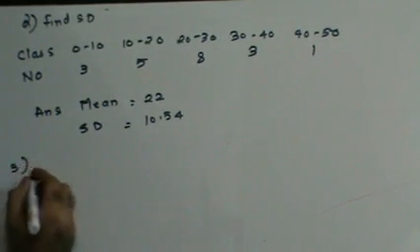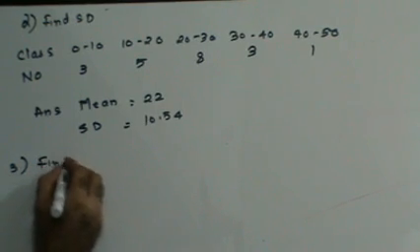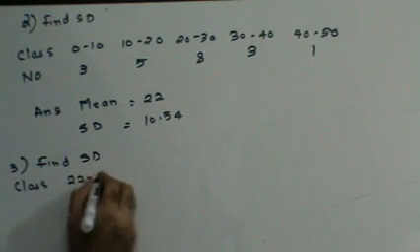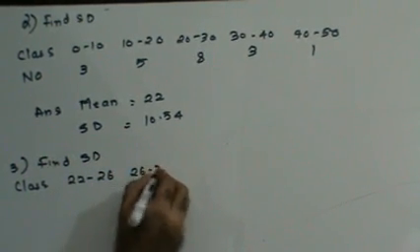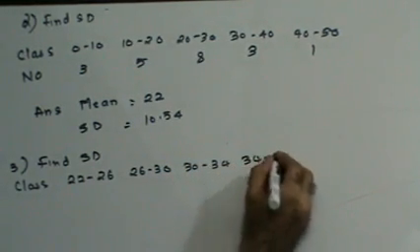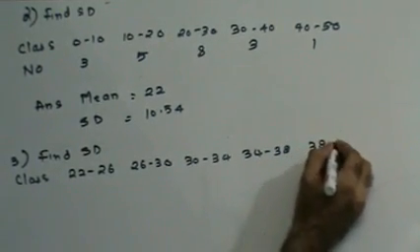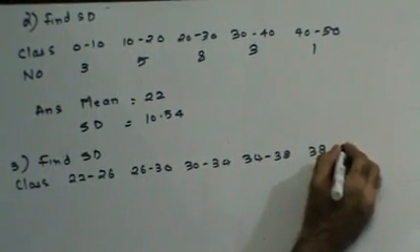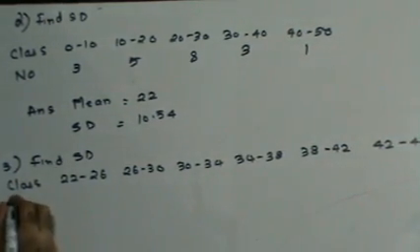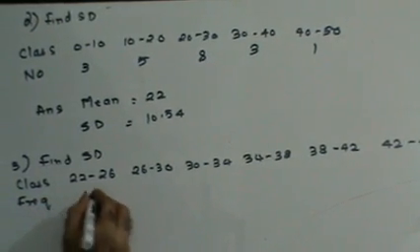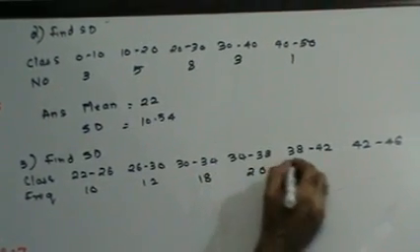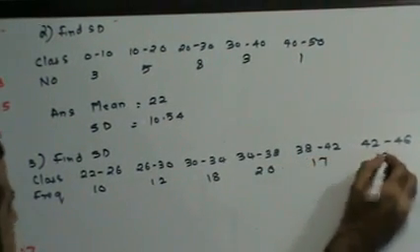Same kind of sum. Find standard deviation. The class interval is 22 to 26, 26 to 30, 30 to 34, 34 to 38, 38 to 42, 42 to 46, and frequency is given as 10, 12, 18, 20, 17 and 13.